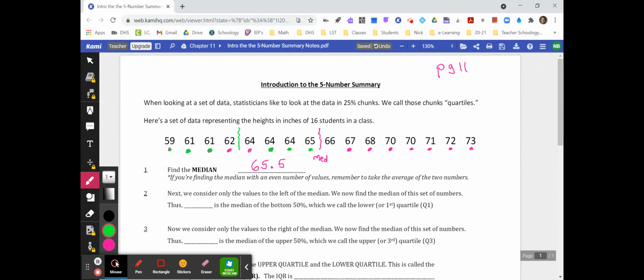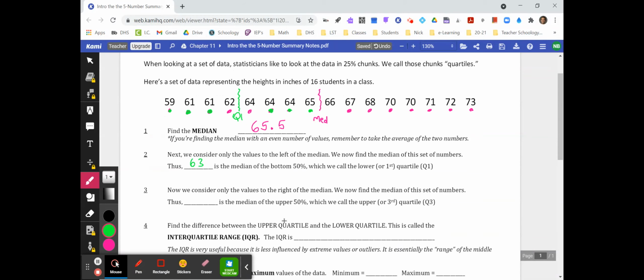So then I can find the mean of that. So 62 plus 64 divided by 2 is going to give us 63 here. So 63 is the median of the bottom 50%, which we call the lower or first quartile. So our Q1 is going to be right there at 63.